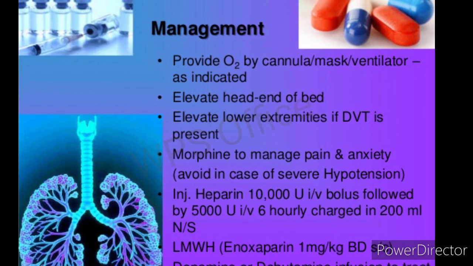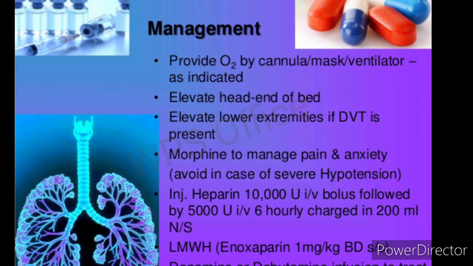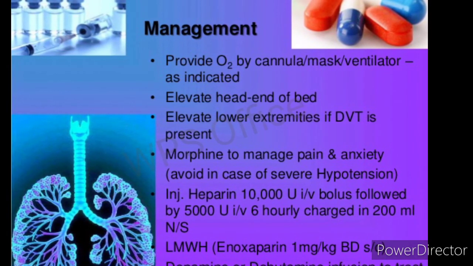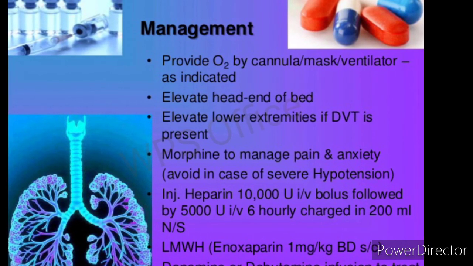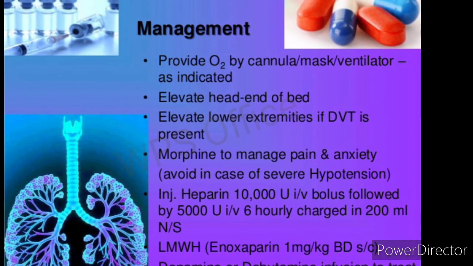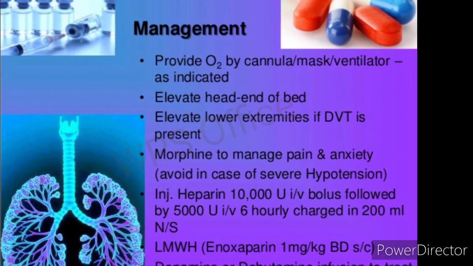Then morphine to manage the pain and anxiety. Then injection heparin, this is an anticoagulant. Then low molecular weight heparin, LMWH, can also be given subcutaneously. Then dopamine or dobutamine infusion to treat the hypotension and shock.